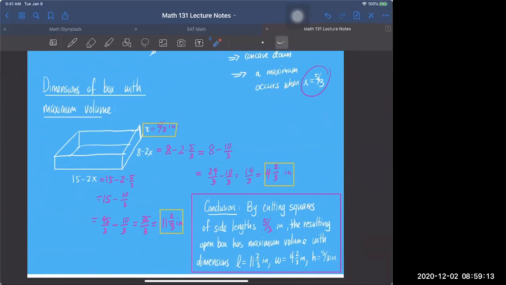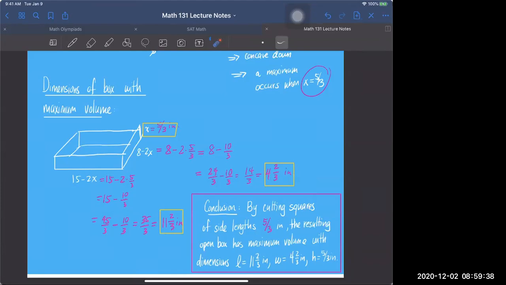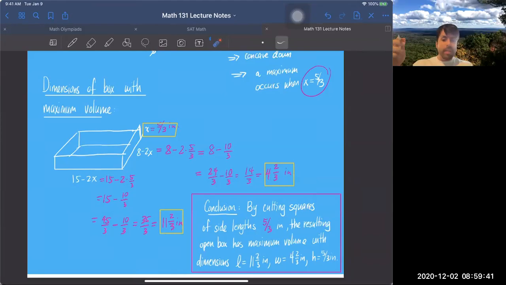One more thing. Would we have to provide the answer in mixed number form, or could we do a decimal? The decimal is a repeating decimal. It would be 1.6666 repeating, and this will be 4.6666 repeating, 11.666 repeating.